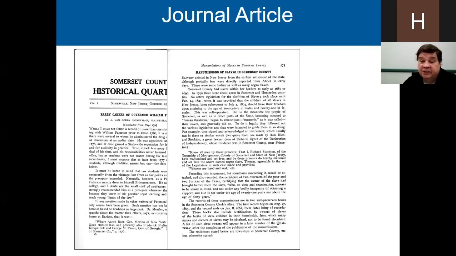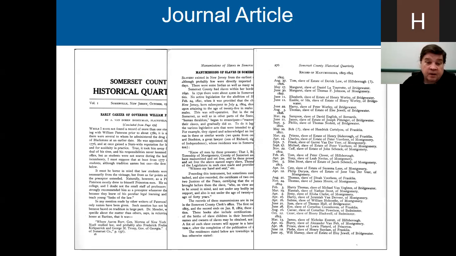Now, does it surprise you that there were enslaved people in New Jersey? It does surprise a lot of people. And the thing that even surprises them more is when I tell them that it was actually the 13th Amendment to the U.S. Constitution that abolished slavery that freed the last slaves in the state of New Jersey. But this is a list of people who were freed by the slave owners fairly early on, 1805 to 1815.